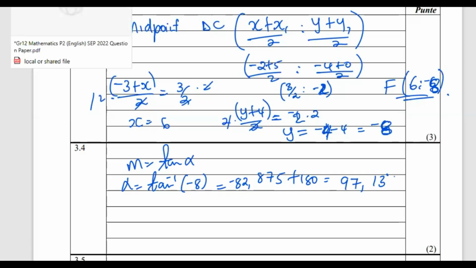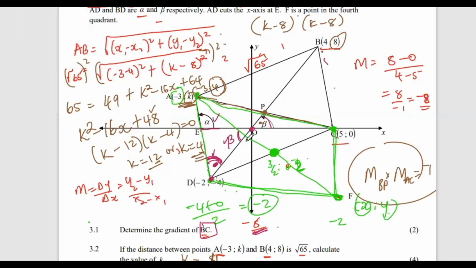Let's look at the beta. If this is 8 and it's passing through the origin, the gradient is going to be 8/4, which is a 2. Someone can use 8 and -4, which will give you a 12, and 4 and -2, which will give you a 6, to still give us a 2.